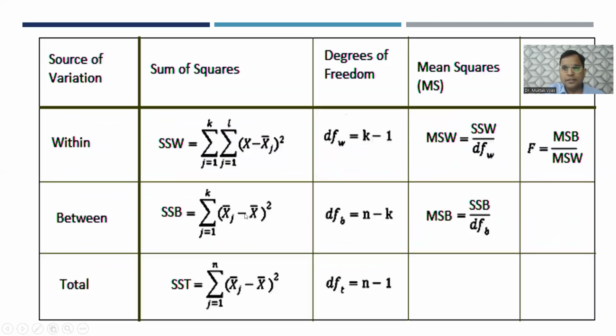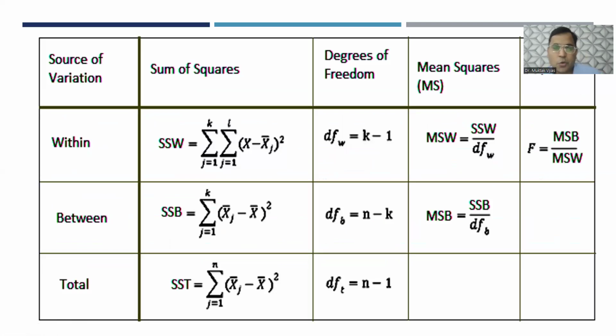Now, these are the terms or formulas which are used in ANOVA. Source of variation: there are two sources, within sample and between sample. Sum of squares. Degree of freedom, which is n minus 1. Mean square, which is equal to SS upon DF, sum of squares upon DF. Now we have to apply the F test for ANOVA.